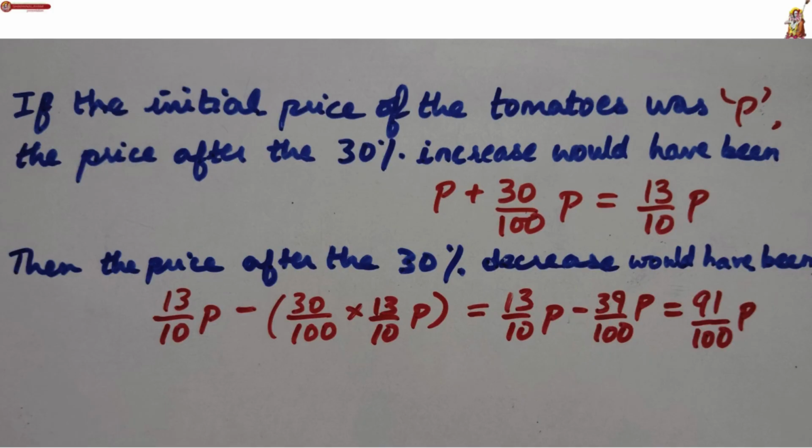Then the price after the 30% decrease would have been 13 upon 10P minus, within bracket, 30%, that is 30 upon 100 into 13 upon 10P. So, working it out, we have that equal to 91 upon 100P. So, the price after the 30% decrease would be 91 upon 100P.